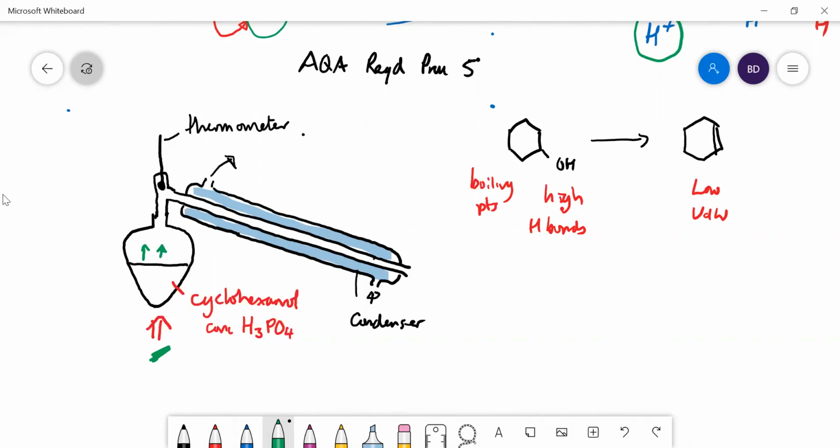Most of the cyclohexanol will stay put. It will be more the cyclohexene coming out because it's got a lower boiling point. Cyclohexene vapor will come up here and it will start condensing there. Right, and so we're going to collect that cyclohexene vapor, really cyclohexene liquid, in a beaker there.